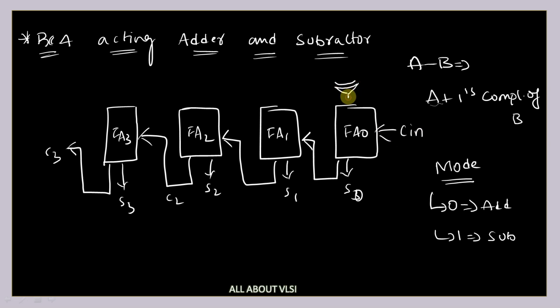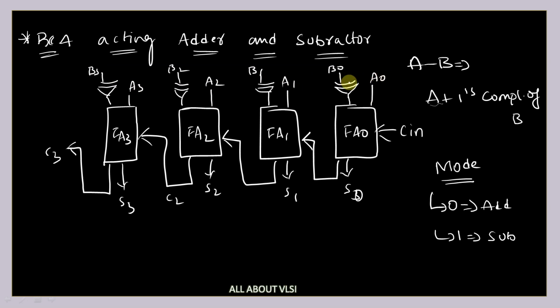I'm going to take XOR gates like this, and to these XOR gates I'm going to give the signal B: B0, B1, B2 and B3, and here I'm going to give A3, A2, A1 and A0, and to the other pin of each XOR gate I'm going to give the mode signal M.